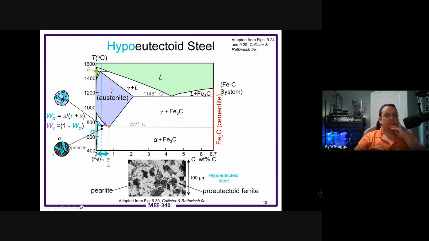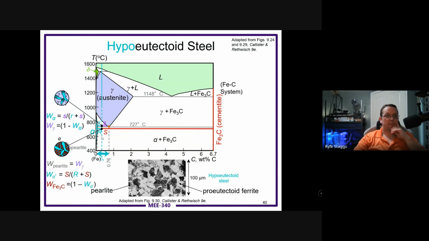So perlite is formed down below that eutectoid point. Here you have a new tie line where again R and S are used, and you can tell what the weight fractions are going to be for those.